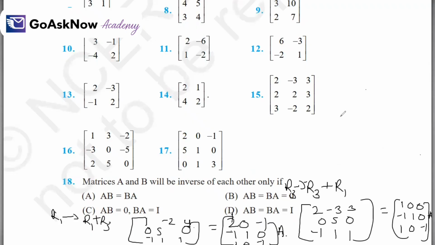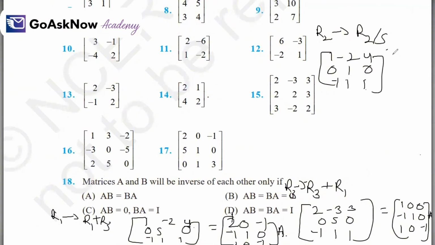Now I will make row 2 equal to row 2 by 5. So row 2 is changing into row 2 by 5. What you will get: 1, minus 2, 4, 0, 1, 0. And here minus 1, 1 and 1. Okay.